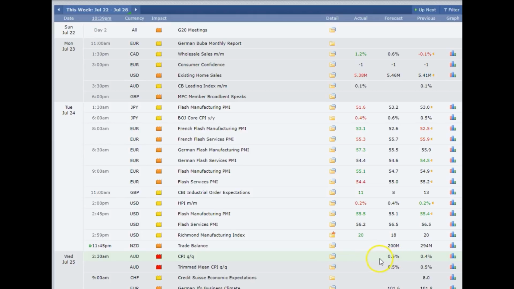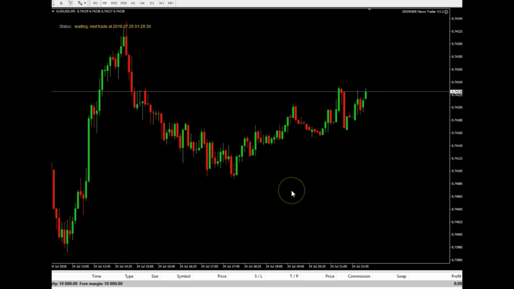Now, those of you who do not have the robot or who wish to trade through a robot, I'm going to show you one robot that I have especially to trade the news. I have opened a $10,000 demo account with AAA FX.